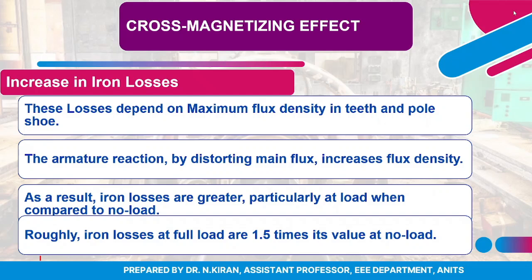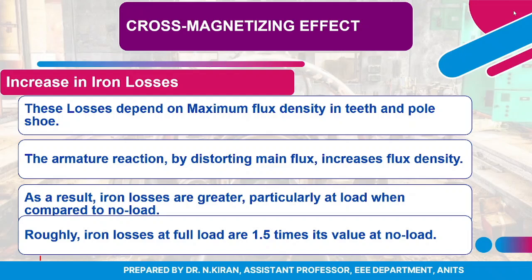Coming to the cross magnetizing effect, the first effect is that it leads to an increase in iron losses. We all know that the losses depend on the maximum value of flux density, and since the armature reaction is distorting the main flux, it also increases the flux density.